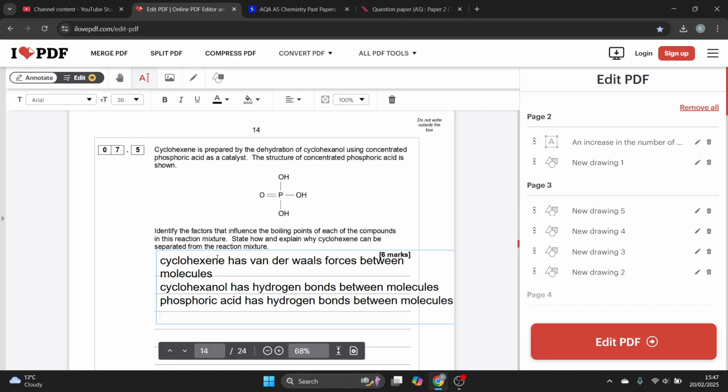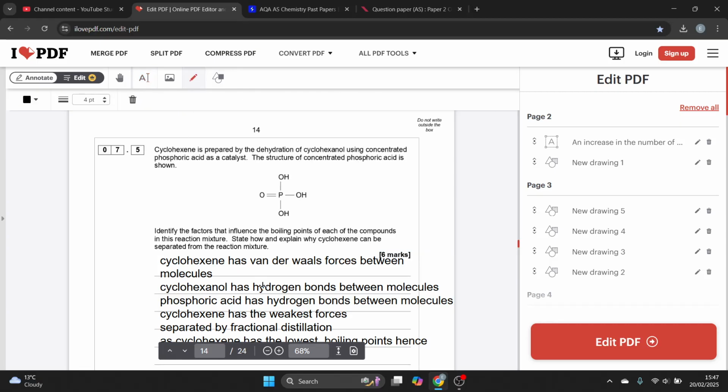And then you need to talk about how cyclohexene has the weakest forces. How is it separated? It's separated by fractional distillation. Cyclohexene has the lowest boiling point, hence boils off first.